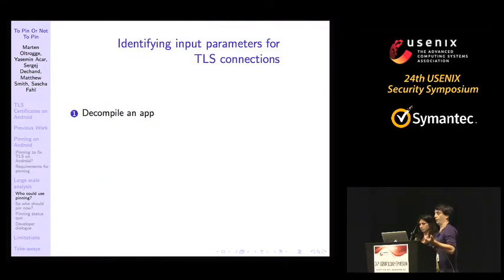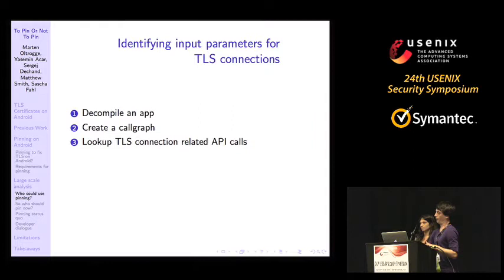How did we actually identify input parameters for the TLS connections? We used the Oltrogge tool to decompile an app and then constructed call graphs for the apps in our app corpus. We checked the call graphs for TLS connection related API calls, so for socket objects, URL objects, web views, and stuff like that.